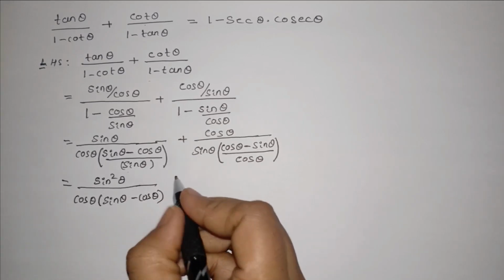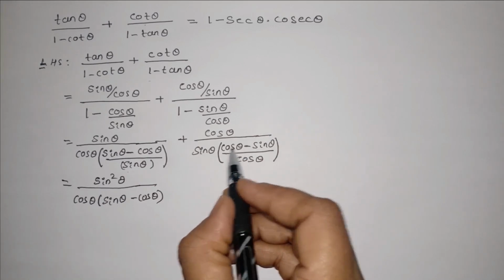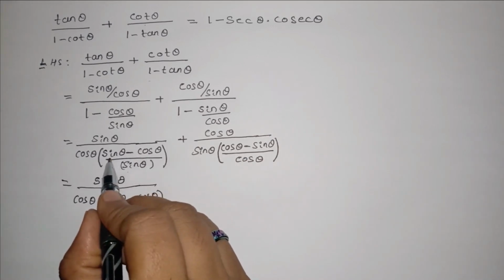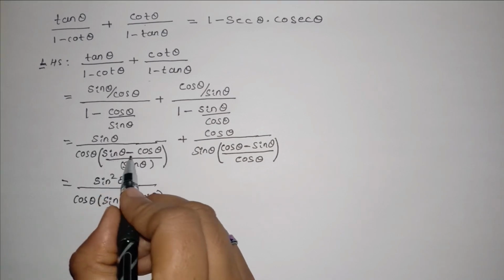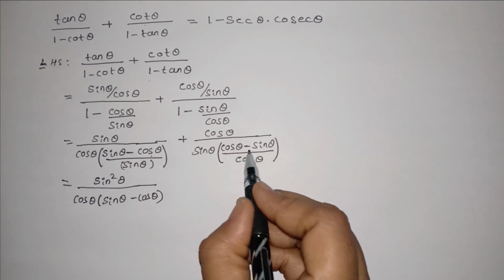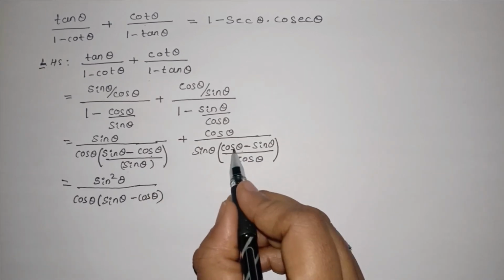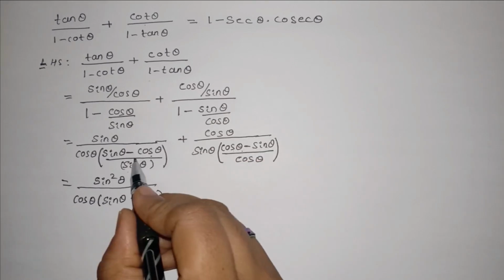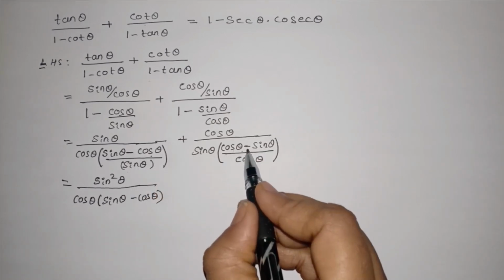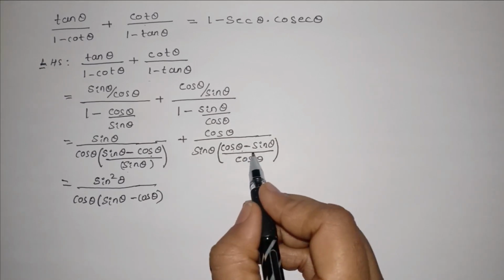So here before we write the sign, just observe the bracket here. We have in the first denominator sin theta minus cos theta. In the second term denominator we have cos theta minus sin theta. So to make them the same, because the terms are the same but the only difference is in their signs, we can take this minus outside, or multiply the denominator by minus.